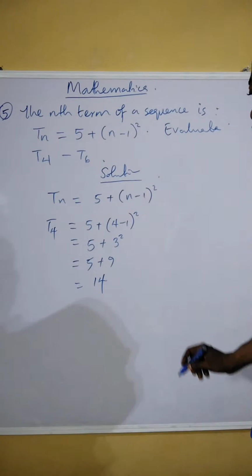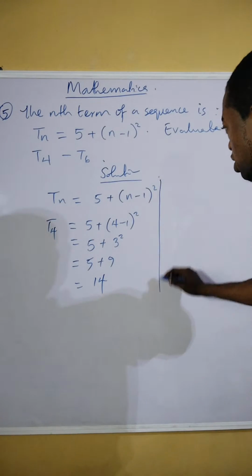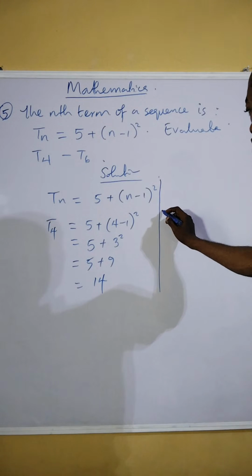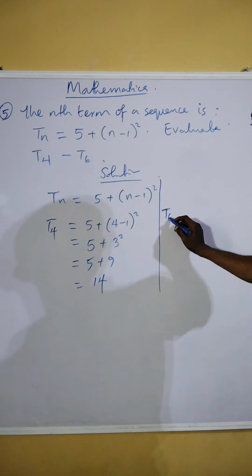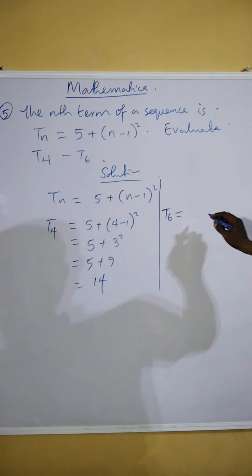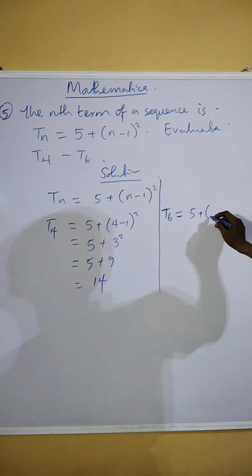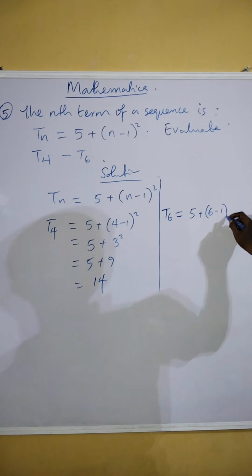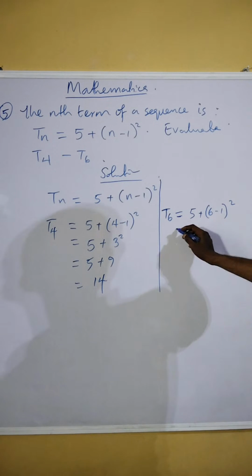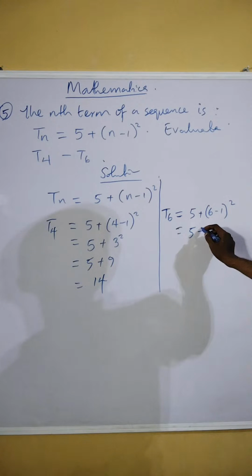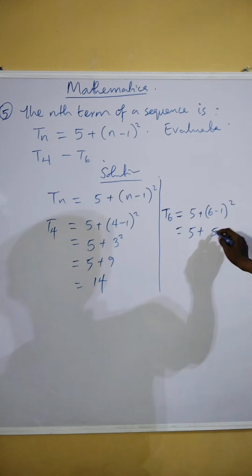Now, in the same way, we can get the value of T6. T6 here will be equals to 5 plus 6 minus 1 squared. So that's 5 plus 5 squared.